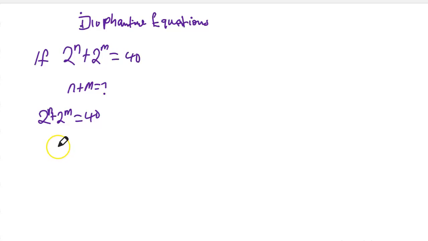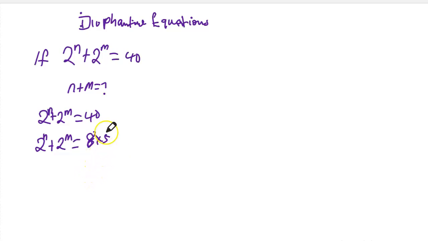We can look for two values that we can multiply to get 40, right? And I can think of 8 times 5, right? So 2 power n plus 2 power m is nothing but 8 multiplied by 5.